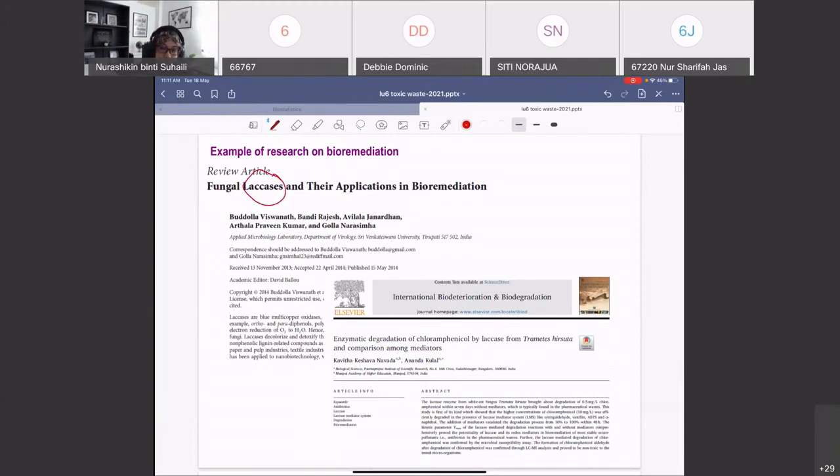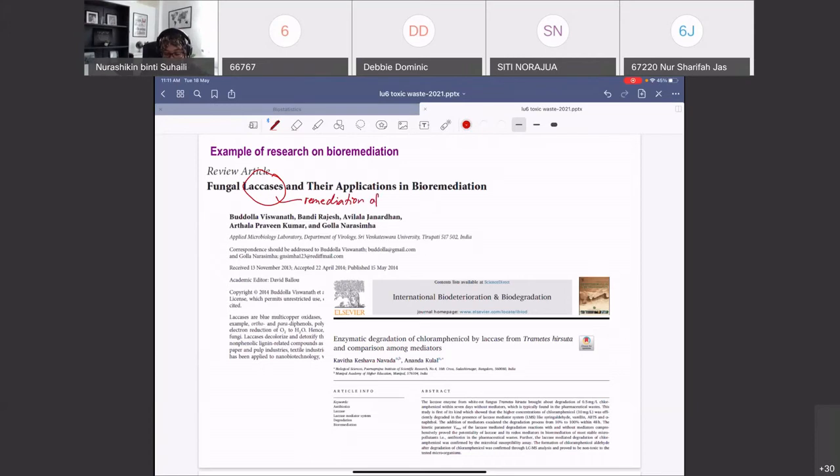Those enzymes work on the metabolism and the degradation of things. Laccase is one of the enzymes secreted or released by fungi or yeast, and the enzyme is important for bioremediation. One of the examples of the application is for the remediation of colors.